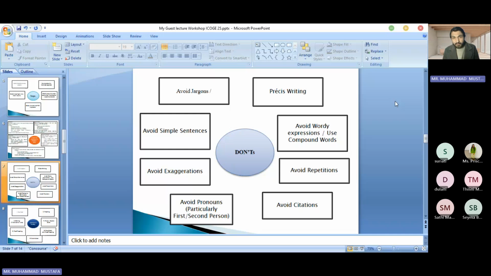There is the point about precis writing: we have to follow precis writing, but we should not go into detail. Avoid wordy expressions. Use compound words, like compound sentences and complex sentences. For instance, if someone is hospitalized, we could say he has been admitted to the hospital again.